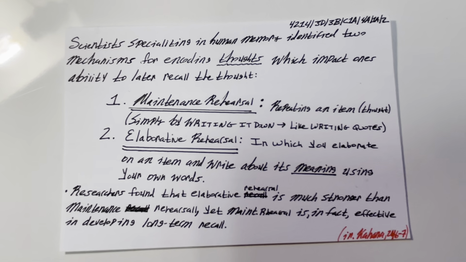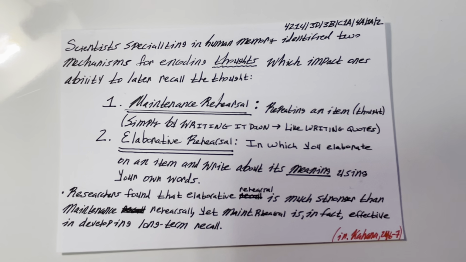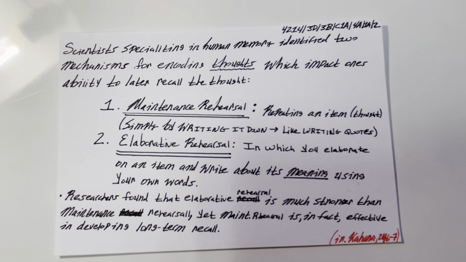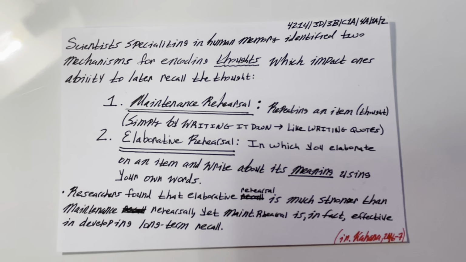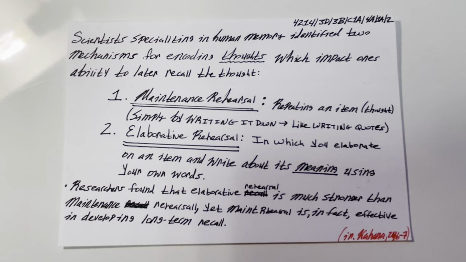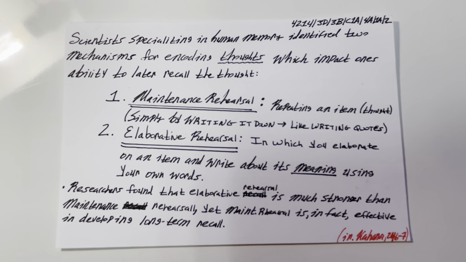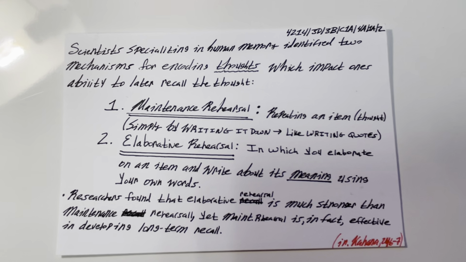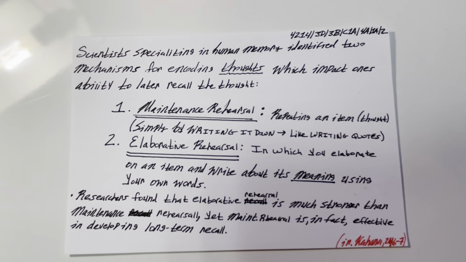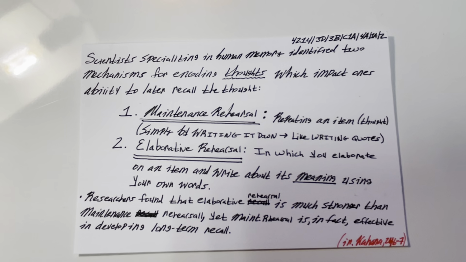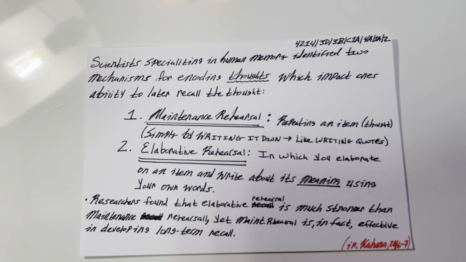Okay, then there's elaborative rehearsal, in which you elaborate on an item and write about its meaning using your own words. Okay, and under that it says researchers found that elaborative rehearsal is much stronger than maintenance rehearsal, yet maintenance rehearsal is in fact effective in developing long-term recall.